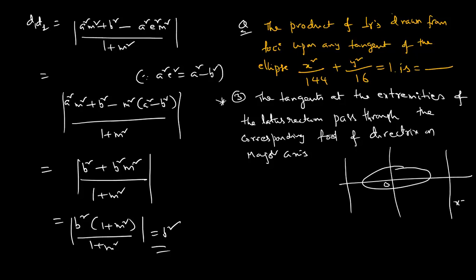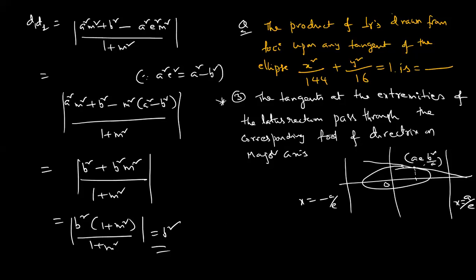This is x is equal to a by e, x is equal to minus a by e. Now, like that. What is this? The endpoints are ae comma b square by a. So simple logic, check it, verify, anyone?